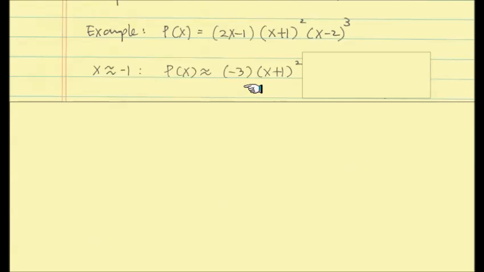So if you substitute x equals negative 1, that's negative 3 here, which means this factor is very close to negative 3. Not exactly negative 3, but some number very close to negative 3. So p(x) is not exactly equal to that, but it's kind of close to that value. If you do the same thing to this factor, x is negative 3, that's negative 3 raised to the third power.